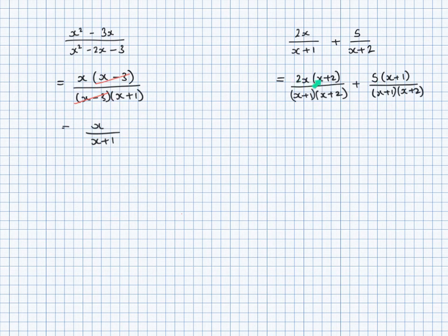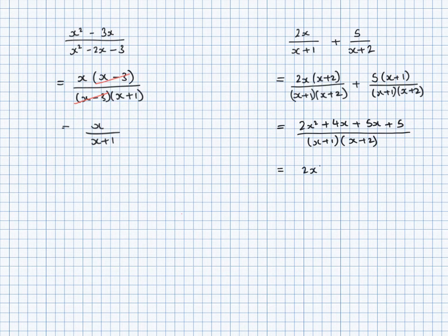I'm actually going to multiply this out as well. So now I'm going to have 2x squared plus 4x plus 5x plus 5. In the denominator I still have x plus 1 times x plus 2. Now I can still simplify the numerator, so I'm going to do that.